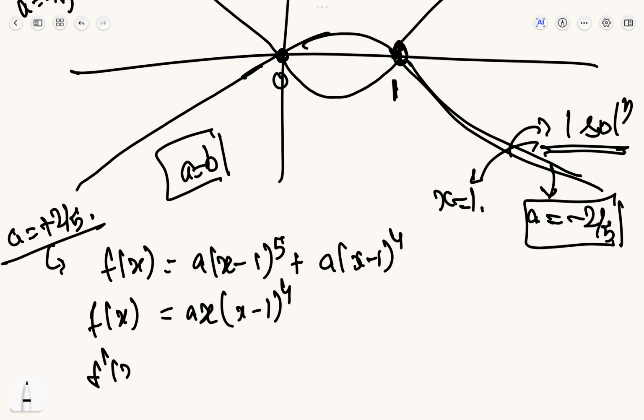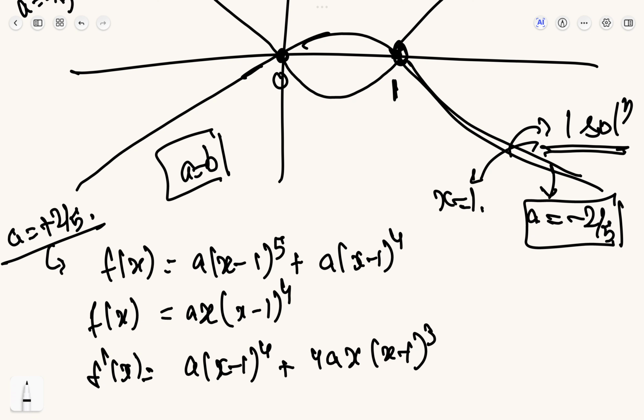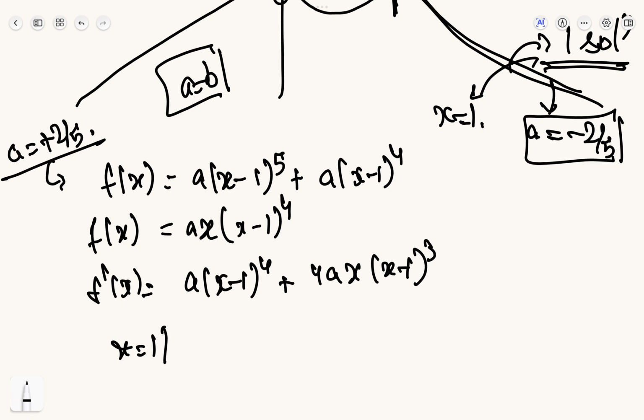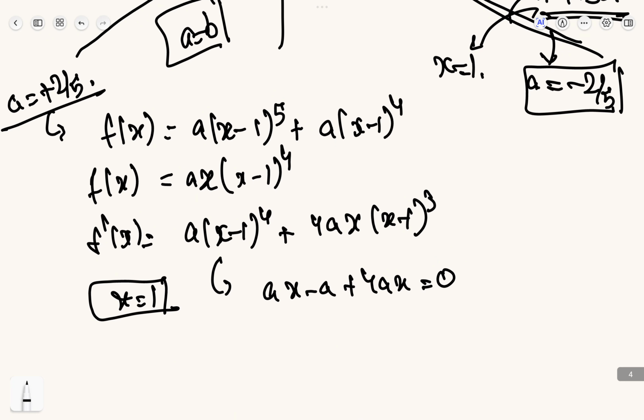So f dash x would be a times (x minus 1) to the power 4 plus 4ax times (x minus 1) to the power 3. Obviously x is equal to 1 is one solution, and ax minus a plus 4ax equal to 0. So 5ax is equal to a, and x is equal to 1 by 5.